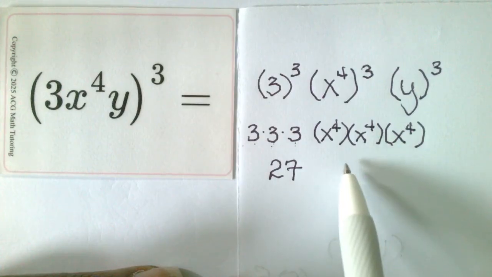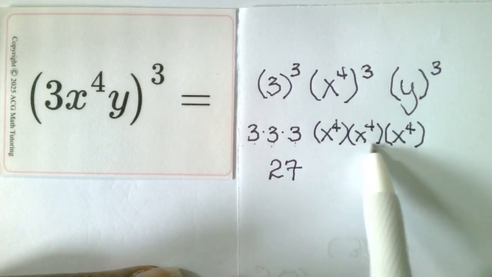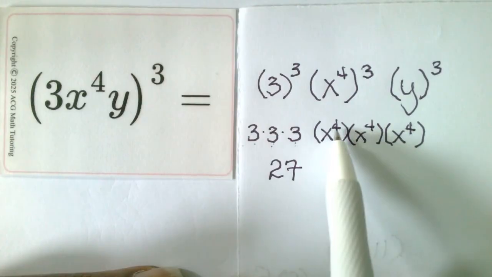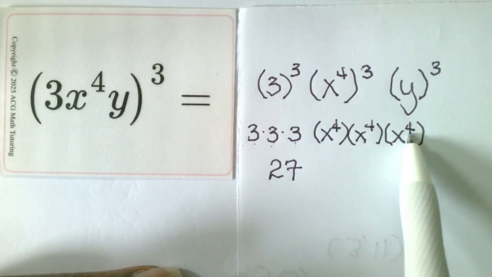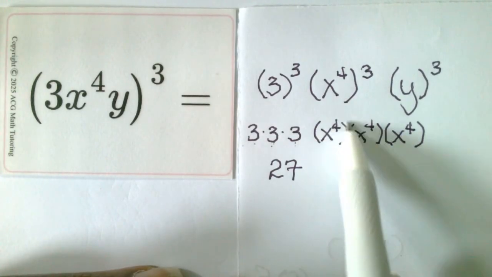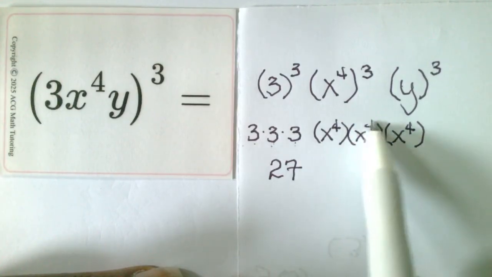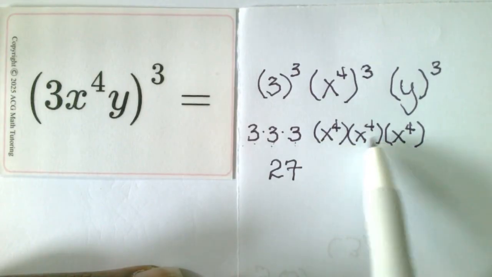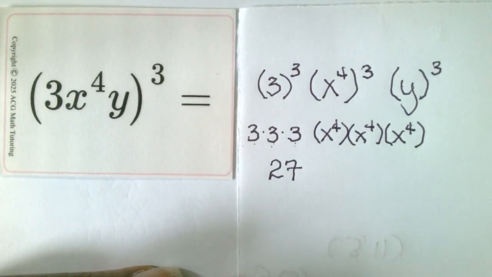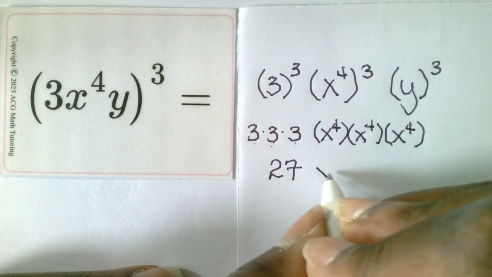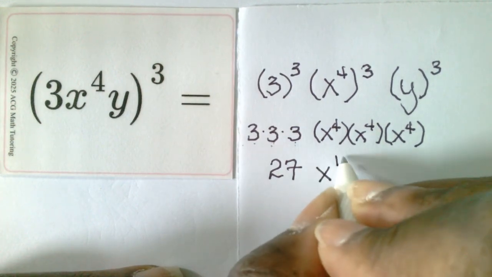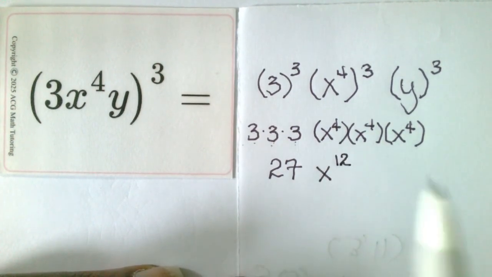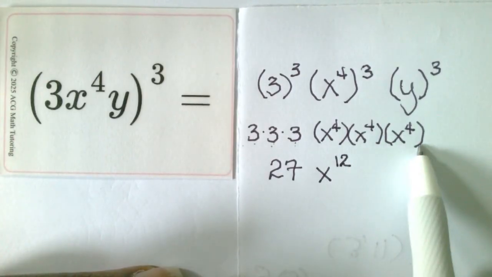When you have the properties of when you're multiplying, you are adding the exponents. Because it's almost like saying there's 4 4s here, there's 4 4s there, there's 4 4s there. So 4 plus 4 plus 4 will give you 12. So you keep that base of x and you write your 12. So this is the extended form.